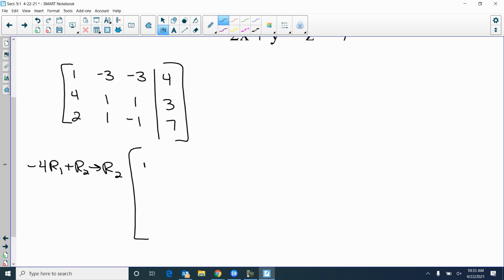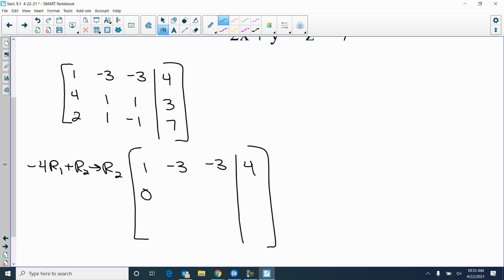So you got 1, -3, -3, 4. Okay, what this says, I'm substituting for row 2. That means that row 2 is going to become different. -4 times row 1. Well, -4 times 1 is -4. Plus 4 gives me 0.